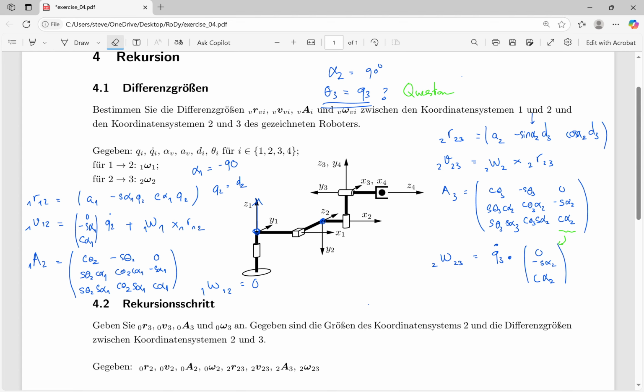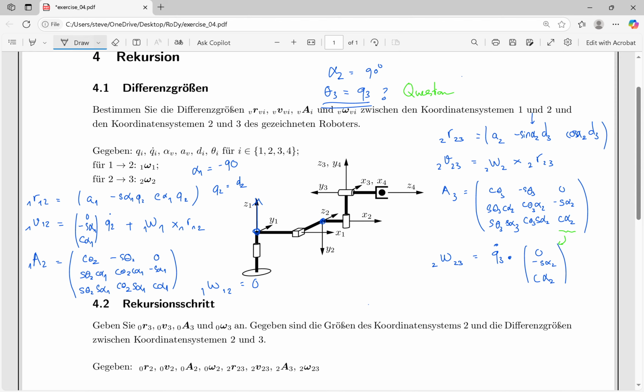Basically, this one is telling us to take the cross product of 2's angular velocity and where 3 is relative to 2, and that should give us the velocity of 3 relative to 2 in 2's frame.